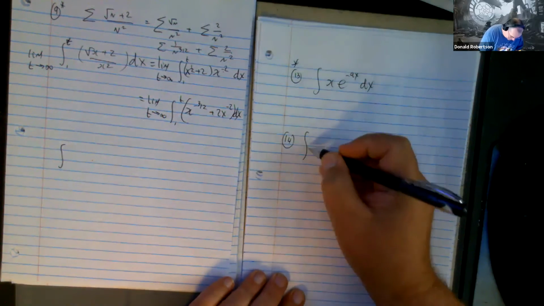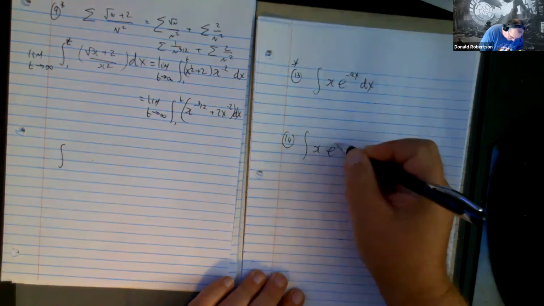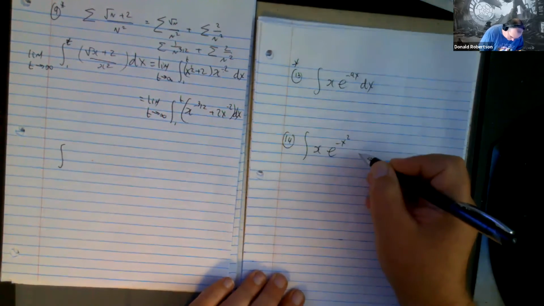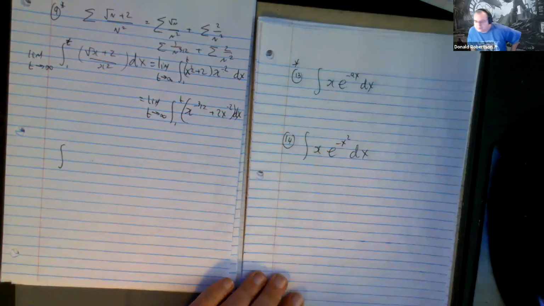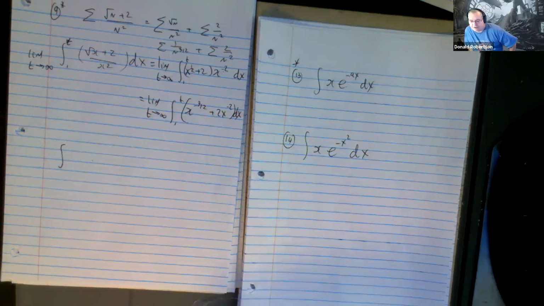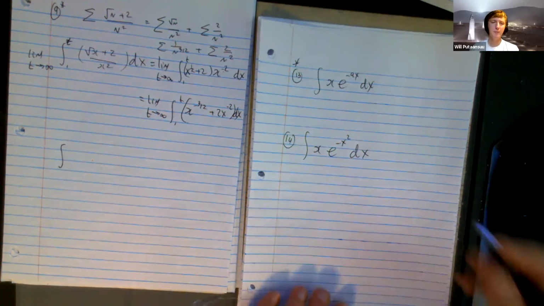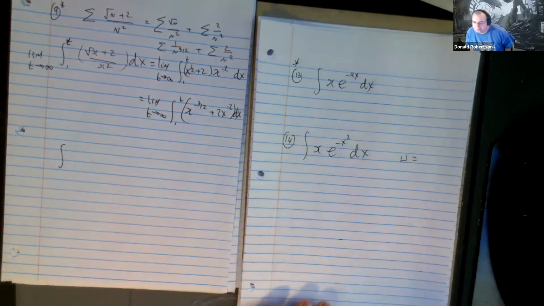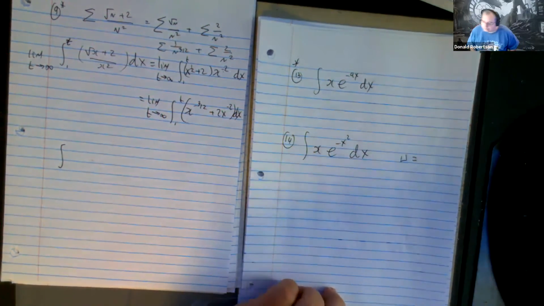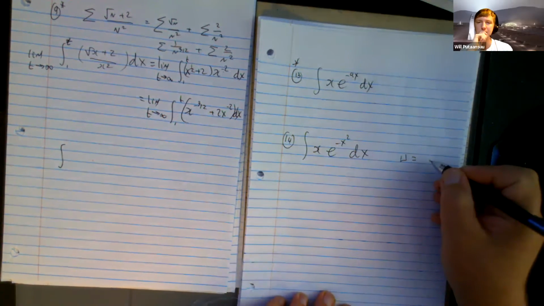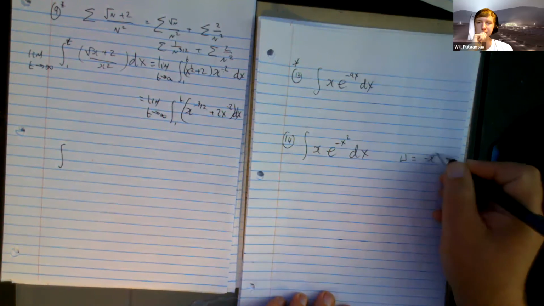Question 14, you're going to end up integrating this guy. Looks very similar, but it's a different method. What method will you use in 14? U sub. Yeah. And who will the U sub be? Negative x squared. Yep, or x squared, both work.